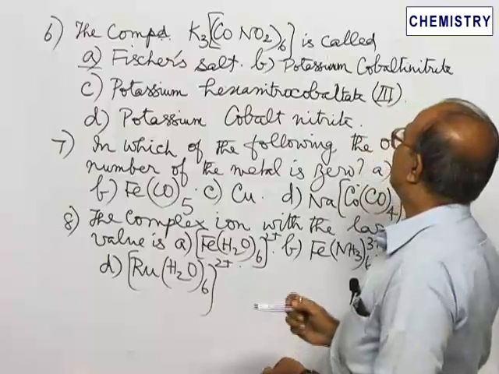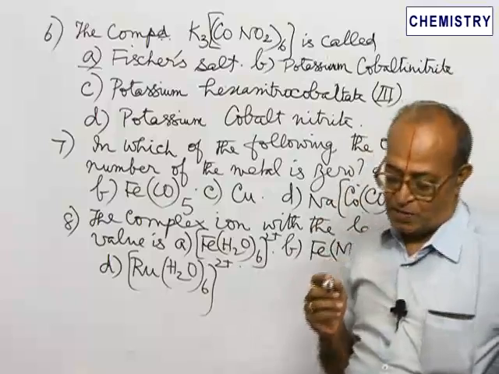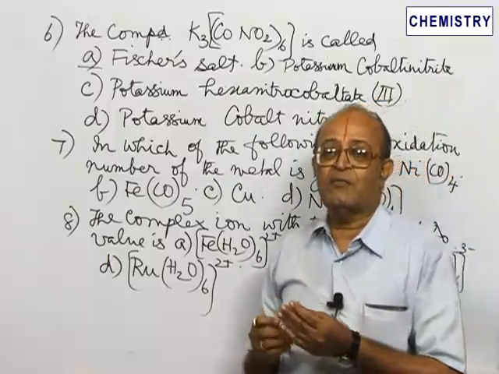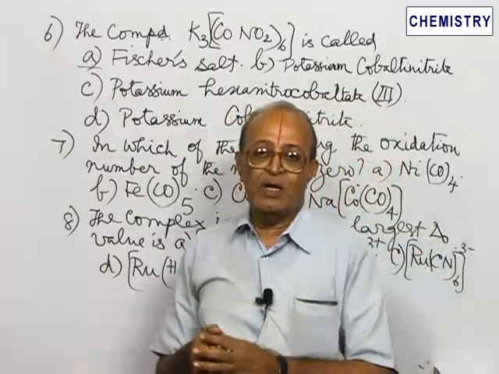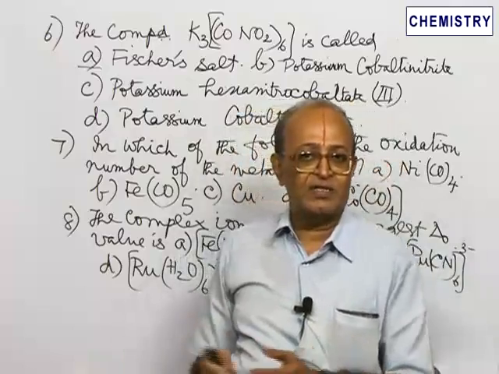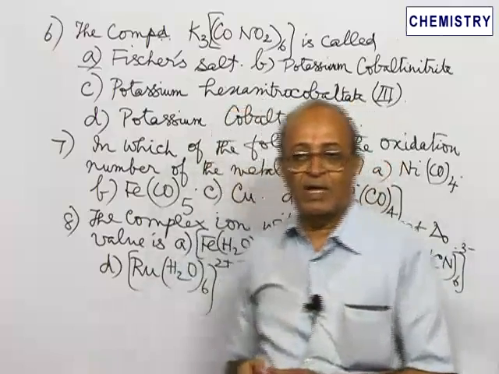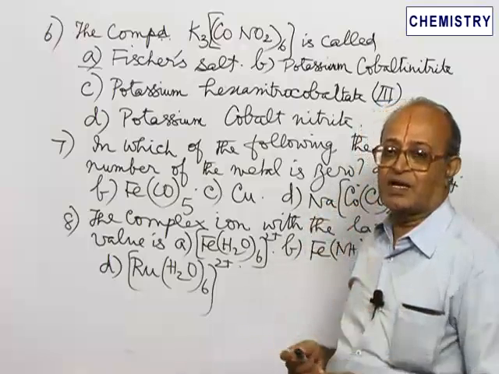B. Potassium cobaltinitrite. Of course, the complex compounds are given some common names. For example, K4[Fe(CN)6], potassium ferrocyanide, K3[Fe(CN)6], potassium ferricyanide.